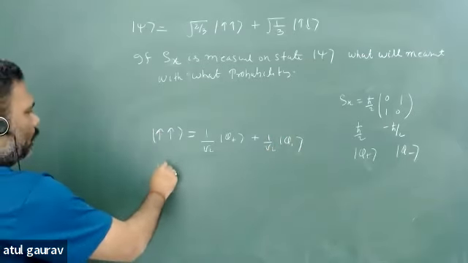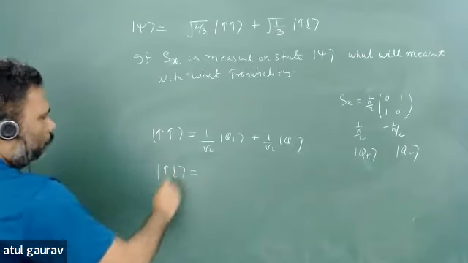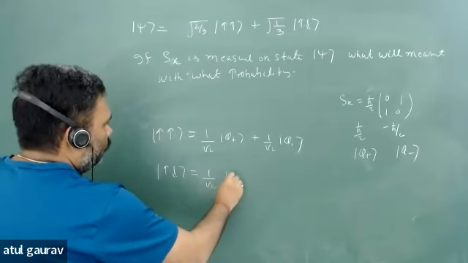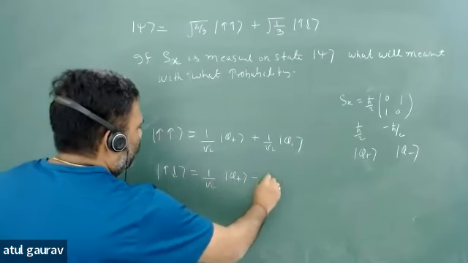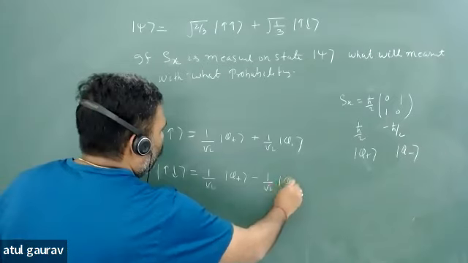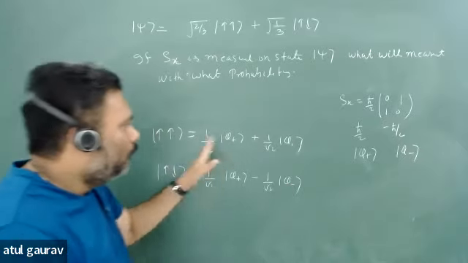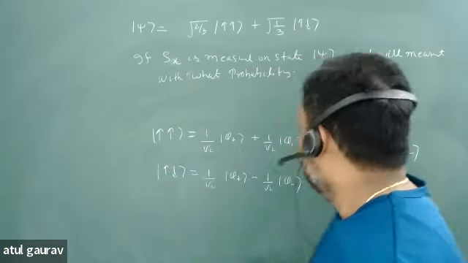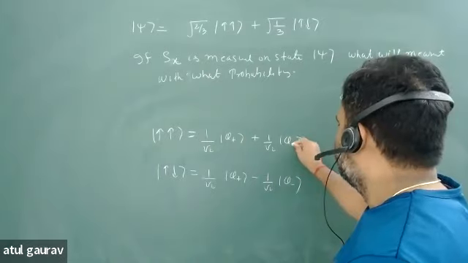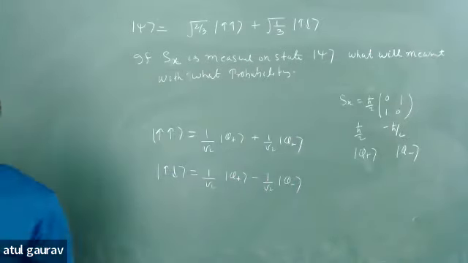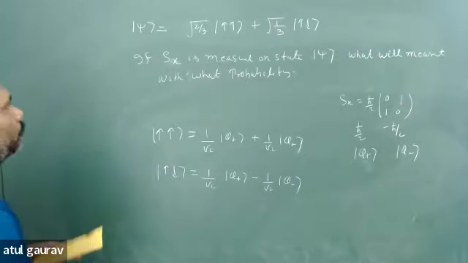Very good. And what will be down? 1 by root 2 phi plus minus 1 by root 2 phi minus. Now what you will do is just change this particular thing. Now you have phi plus and phi minus. Okay. So now when we change it, let's see what is going to happen.